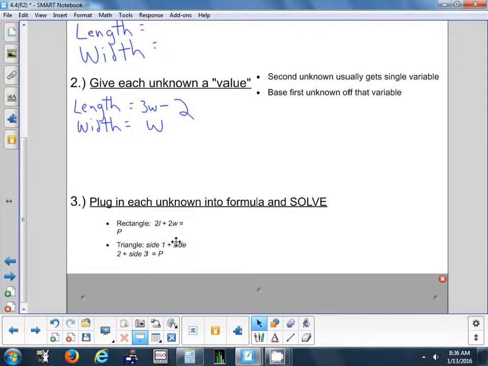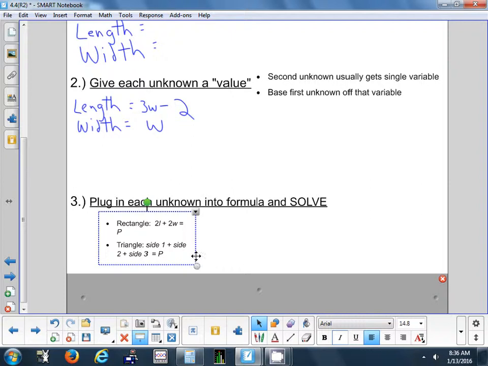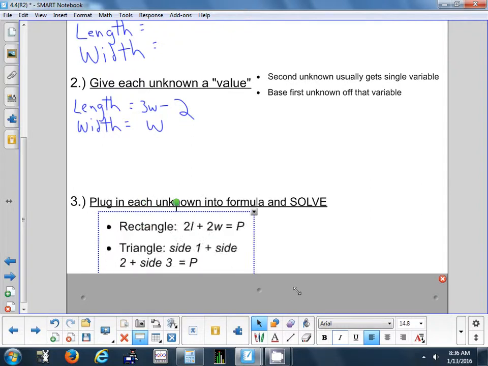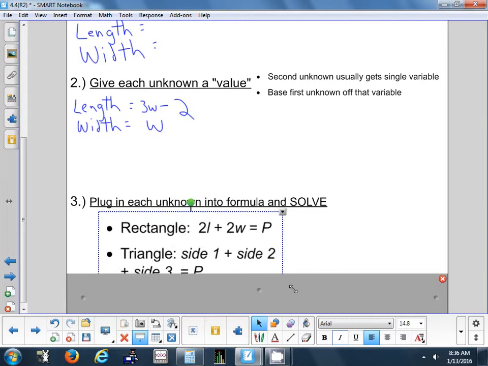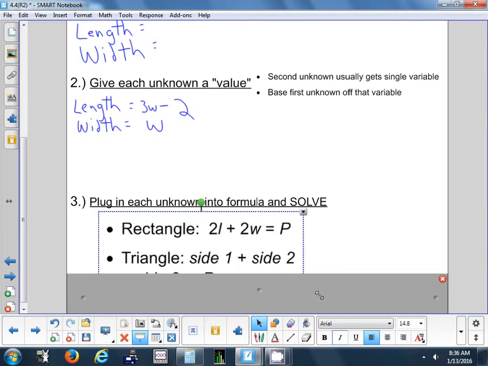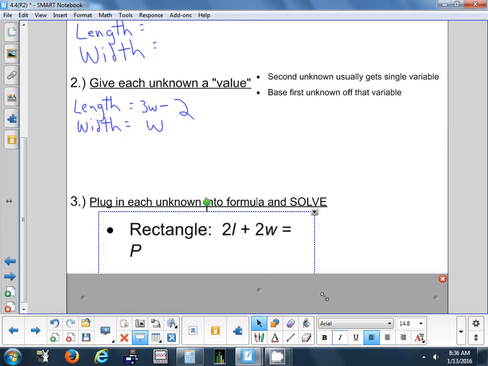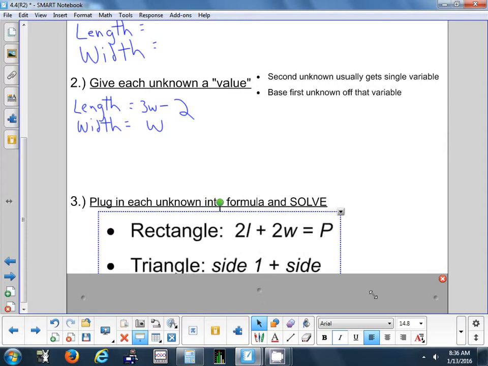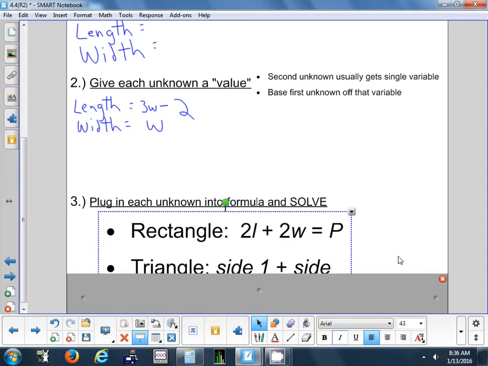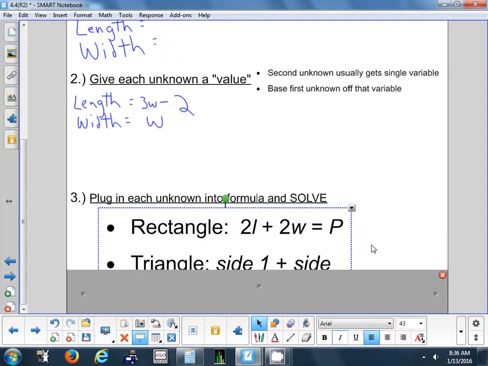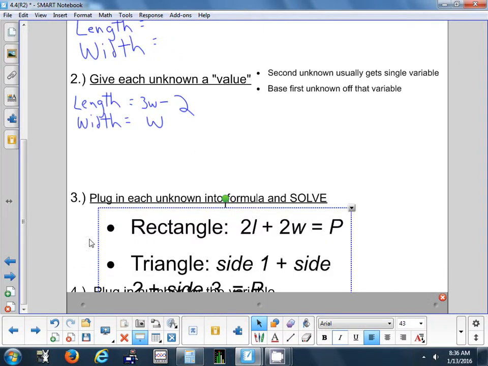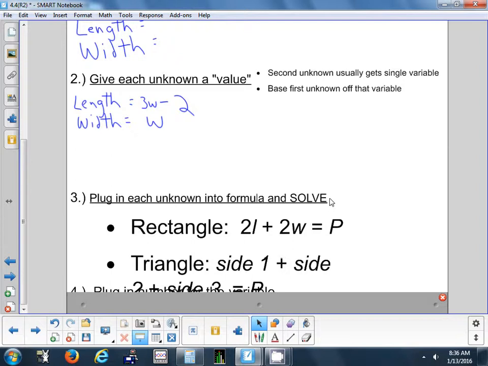If I'm doing a rectangle, it's going to be 2L plus 2W equals the perimeter. Right? 2L plus 2W equals the perimeter. In your book, it might have the P equals first, but I think the way you guys usually solve things, the equal sign is usually at the end. So I just want to make it go along with the way you've answered stuff all year.